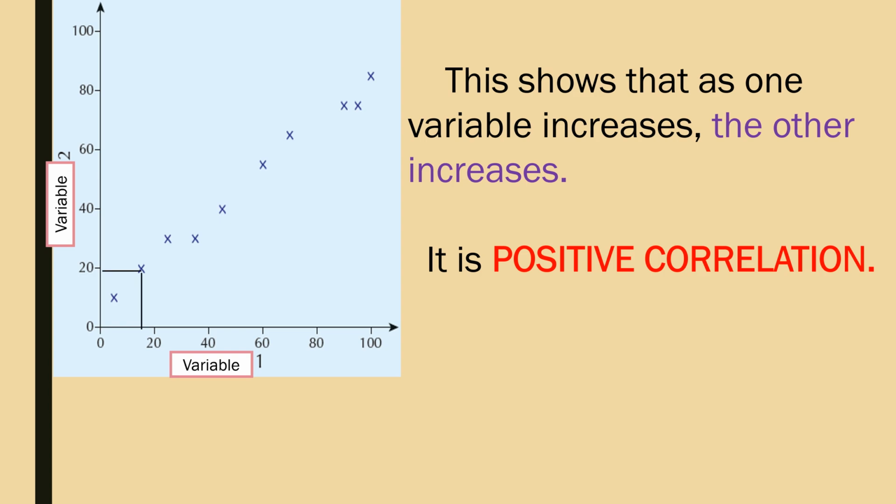Let's take the first point. Variable 1 is around 17 and variable 2 is around 20. Let's take another point. Variable 1 is around 100 and variable 2 is around 83. So this shows that as one variable increases, the other increases. So this is a positive correlation.